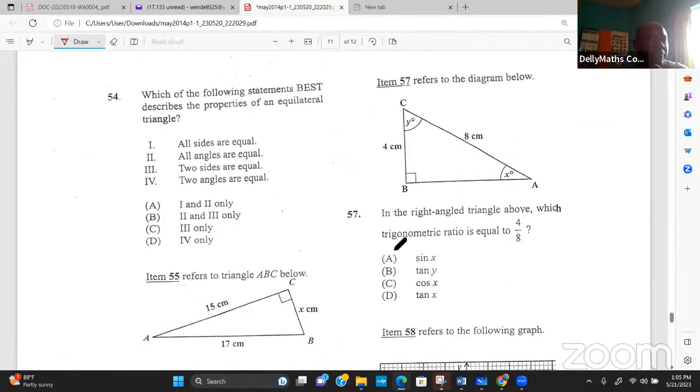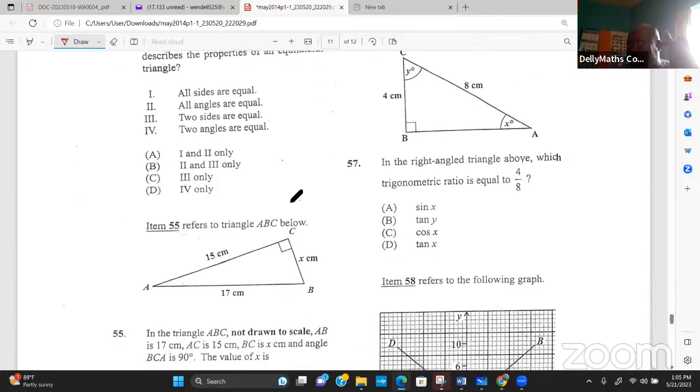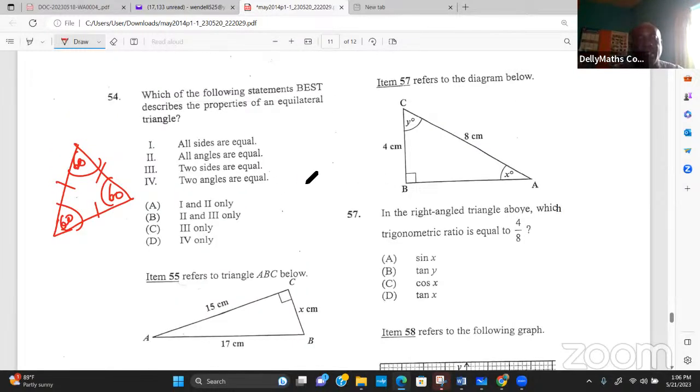Item 54. Which of the following statements best describes the property of an equilateral triangle? Reminder, an equilateral triangle has all three sides equal, which means all three angles will be the same, 60 degrees. Let's see what they're saying and pick the best response.